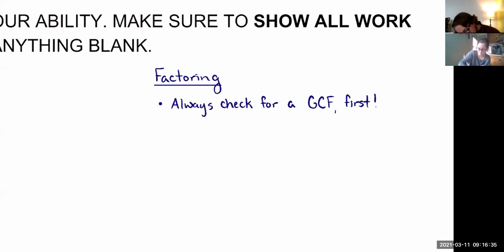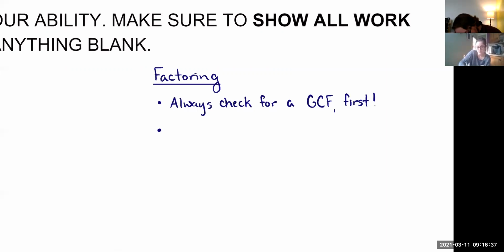And I'll explain. I'm going to start from the smaller case and work my way up. If you have 2 terms, which as we know is a binomial, this is going to be the situation where we consider the difference of perfect squares.